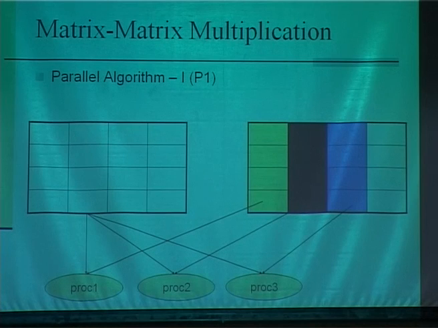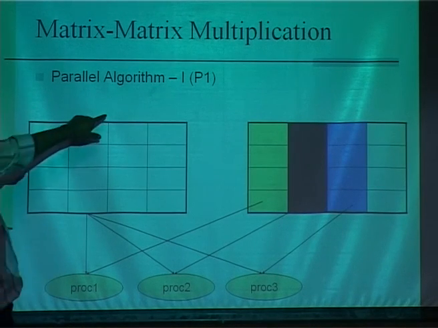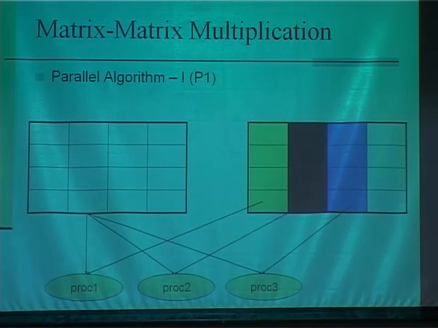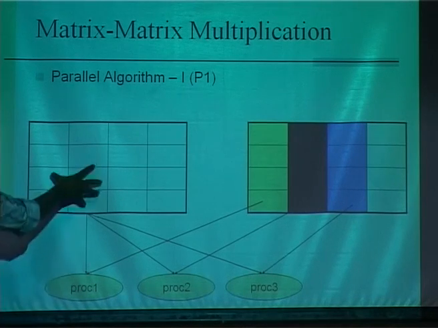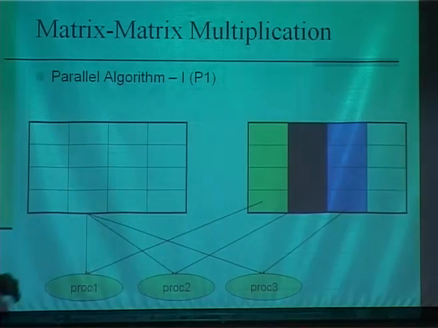The first one I named the P1 algorithm, in which a processor takes the matrix and a column and multiplies them.